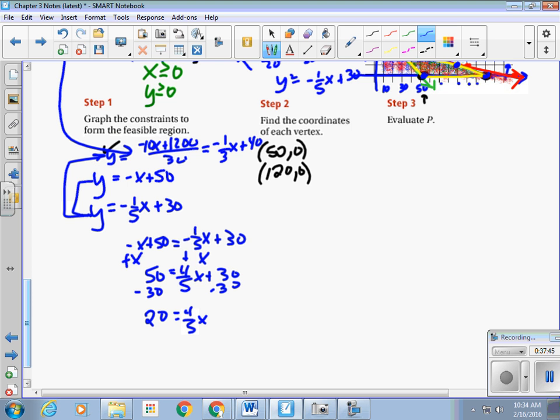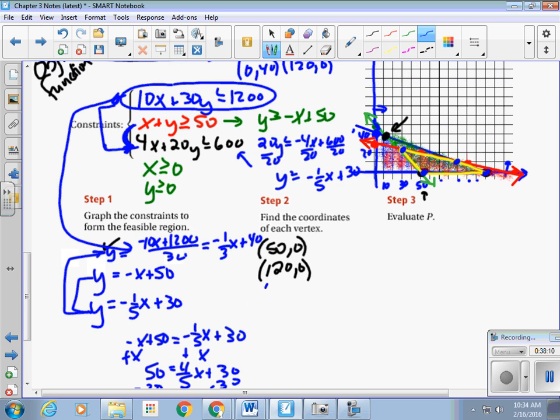I'm going to multiply both sides by the reciprocal. 20 divided by 4 is 5, and 5 times 5 is 25. So this coordinate in our feasible region is 25, comma.